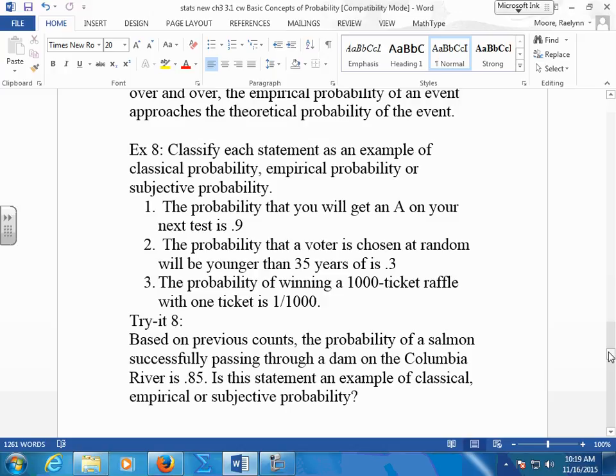Okay, so based on previous counts, the probability of a salmon swimming successfully through a dam on the Columbia River is 85%. Is this an example of classical, empirical, or subjective probability?